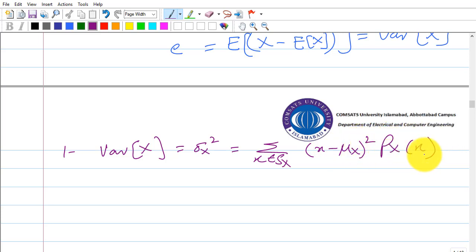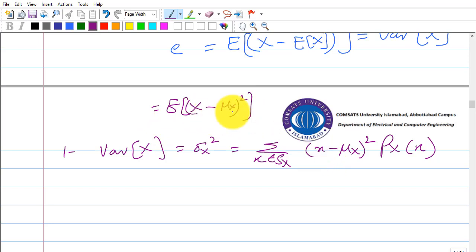If we have the PMF of x, we have this relation for the variance, which is E of x minus mu x whole square, just like the expected value of this function.